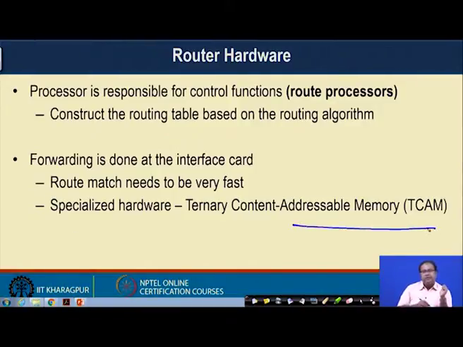With the help of this TCAM memory, we make a hardware match with the routing table for a fast lookup. The route match needs to be very fast. The example that I have given, that if you have a 100 Gbps line and a 1 Mbps packet size, then on average you have to process a significant number of packets per second at every network interface.